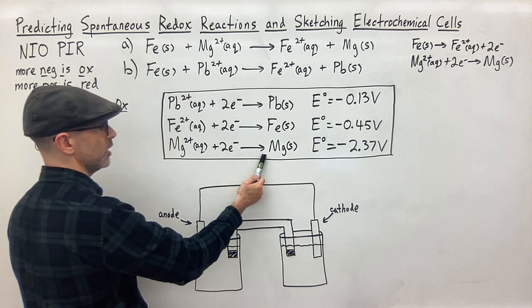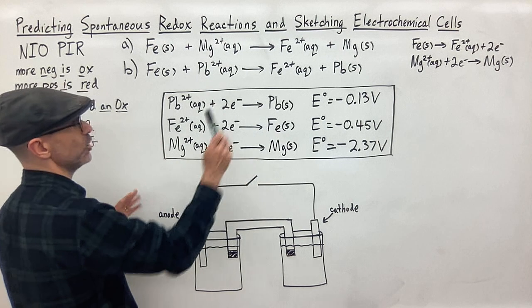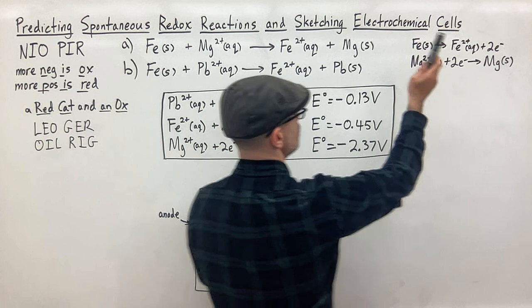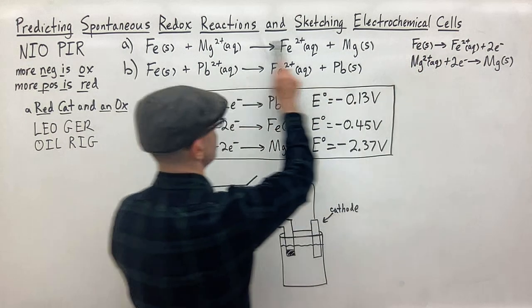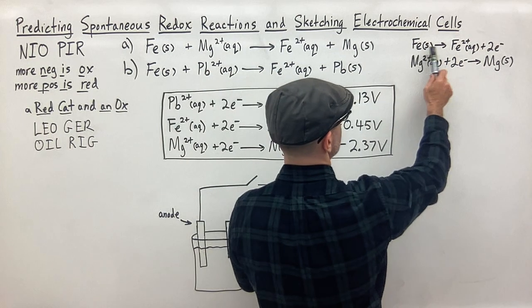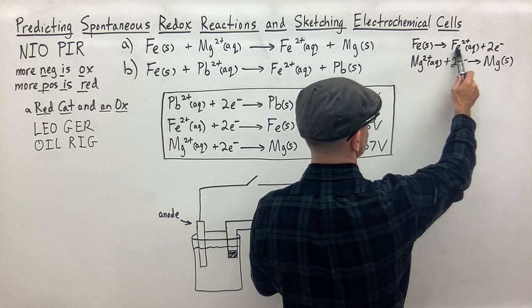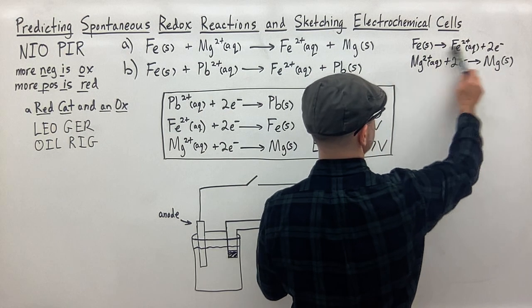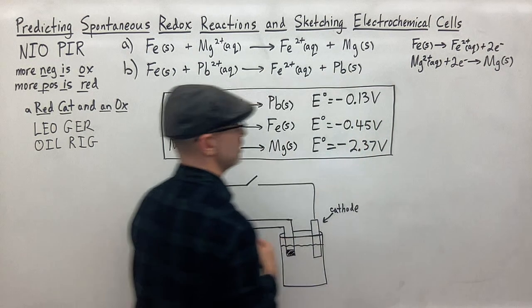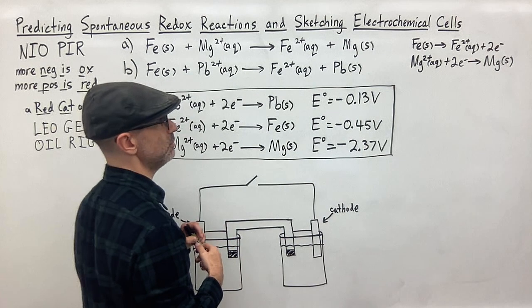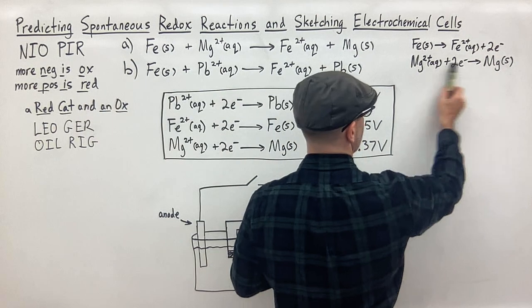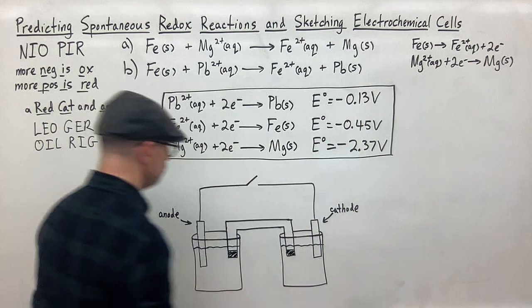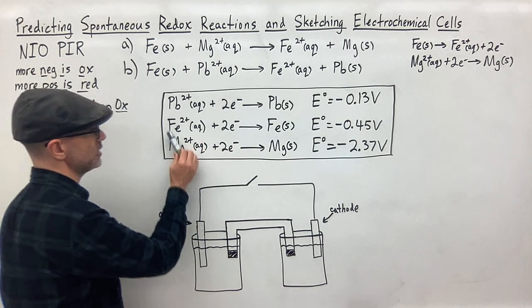But look at what we have here. The way it's written here, iron solid is going to iron 2 plus, it's losing its electrons. So this is being written as if it's undergoing oxidation. In this way, it would undergo reduction. But that's not the way it's set up here.